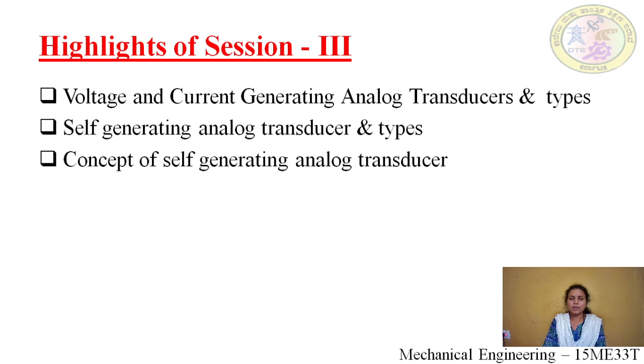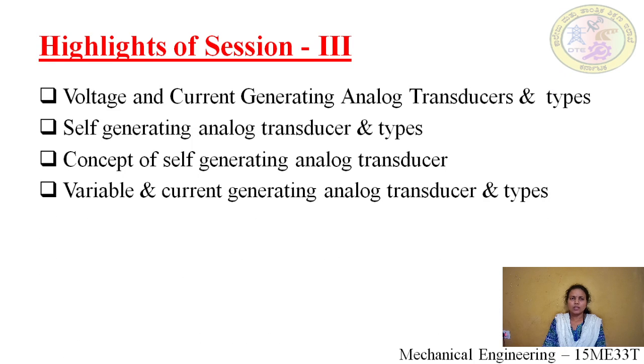Next we saw the concept of the self-generating analog transducer. With the example of a magnet and a single coil, we understood the concept. Next we saw the variable and current generating analog transducer.